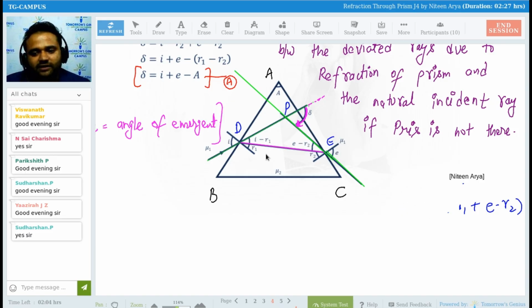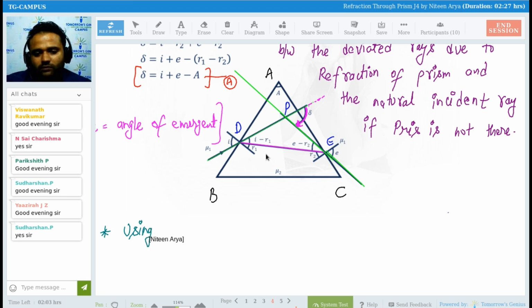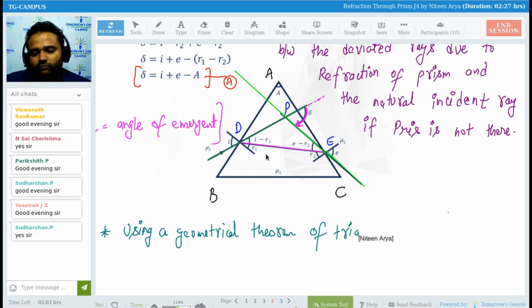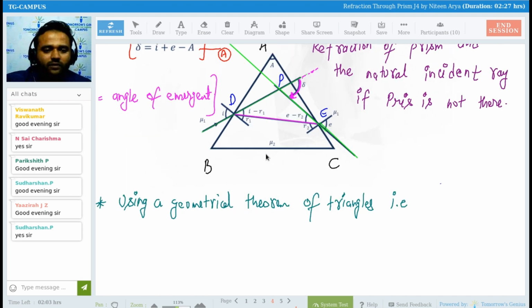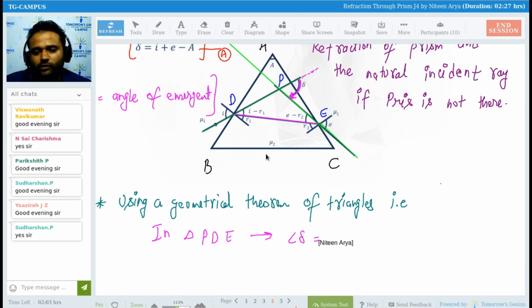Using a geometrical theorem, theorem of triangles, in triangle PDE, angle of deviation is equal to angle i minus r1 plus angle e minus r2.